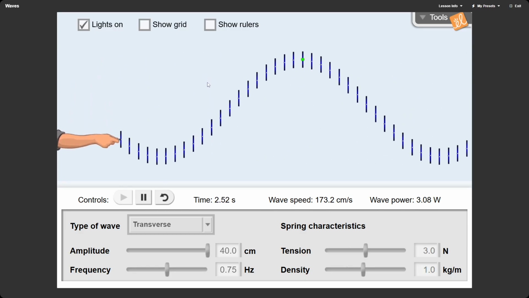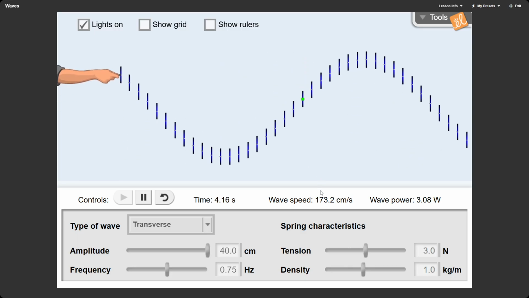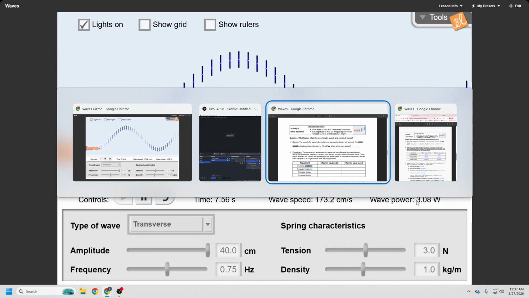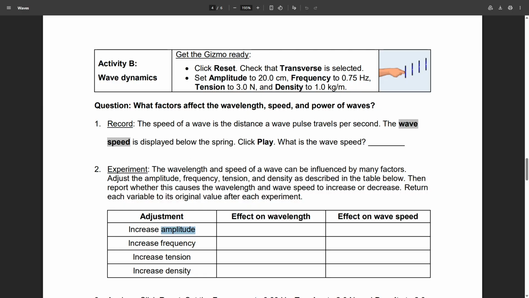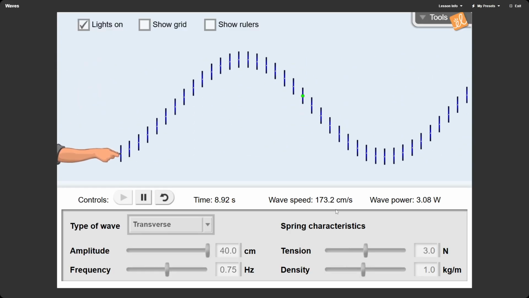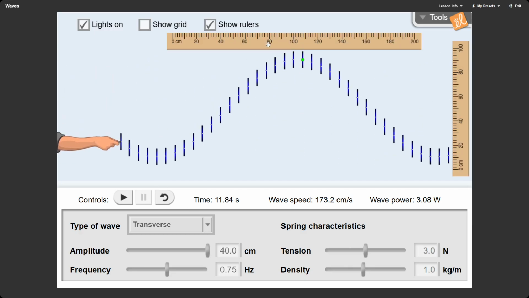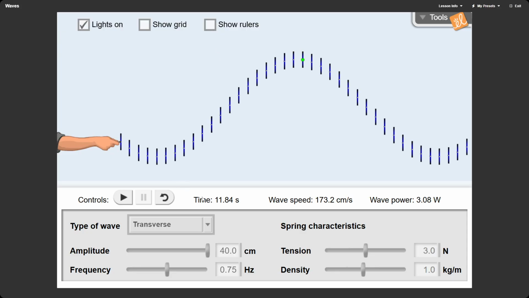Now you can just look right here and make a judgment call, but you can also look at your wave speed and power to make those judgments. Okay, so the first one, if I increase the amplitude, what is the effect on the wavelength? All right, so the wavelength, if you hit pause and show rulers, you could measure it, but I think, see, that's the speed and the power.